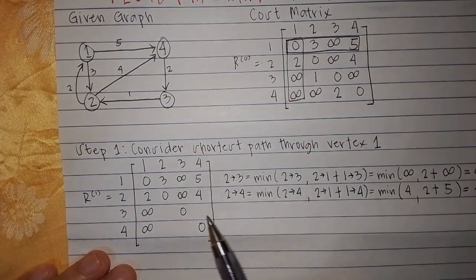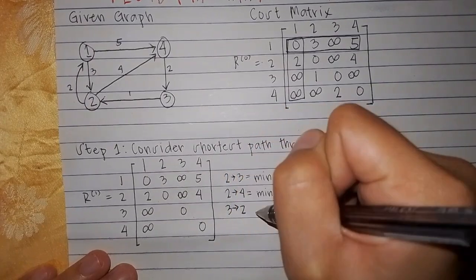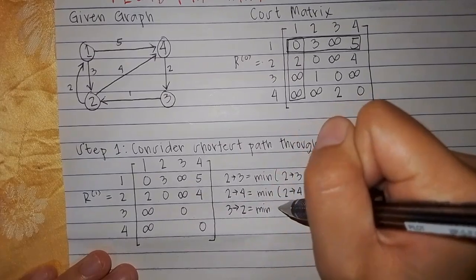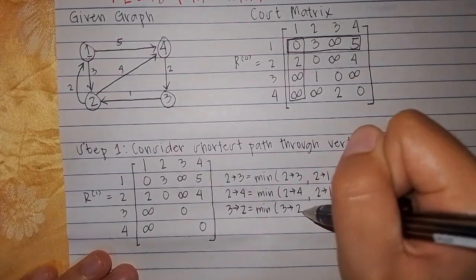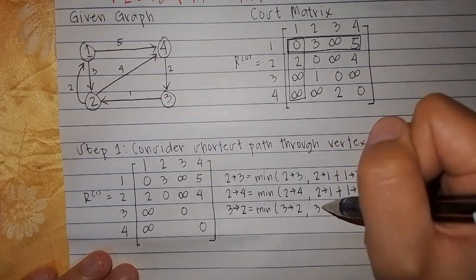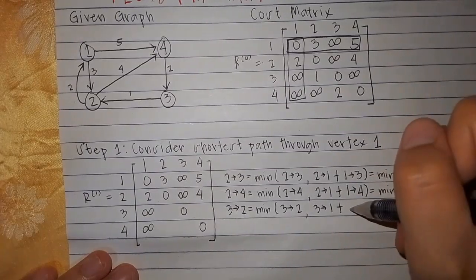Then next is 3 to 2. The minimum of 3 to 2 through the vertex of 1. So 3 to 1 plus 1 to 2.